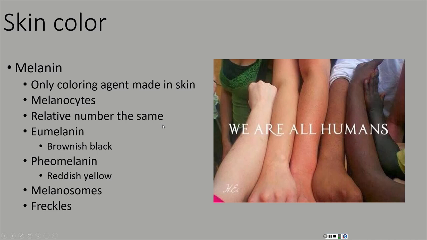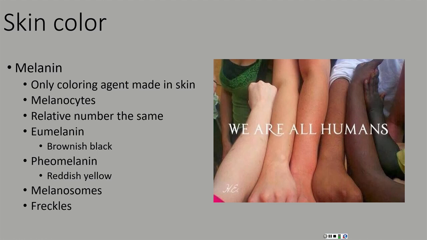So what is it that makes these different skin colors? Well, different types of melanin is one thing. There's something called eumelanin, which is kind of a brown or black color. And there's something called pheomelanin, which is more of a reddish yellow color.